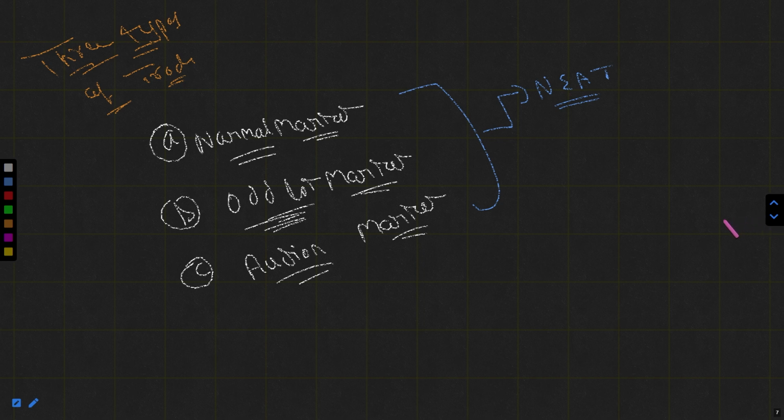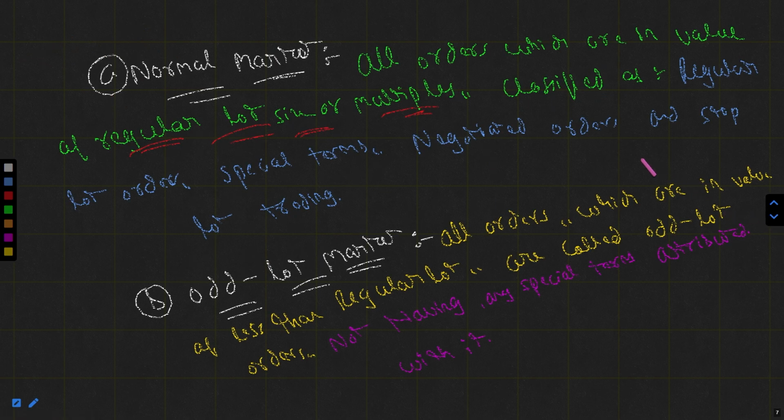All right, we have seen the NEAT market forms like the normal market, odd lot market, and auction market. We have seen the definitions. Normal market is all orders which are in value of regular lot size or multiples, and these are classified into four bases: regular lot orders, special terms, negotiated orders, and stop loss trading. We have seen the odd lot market.